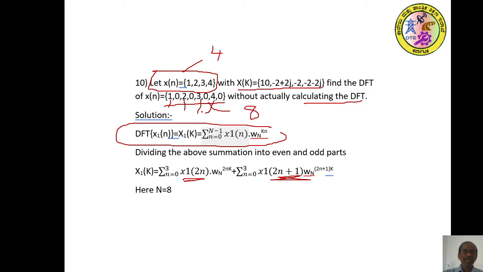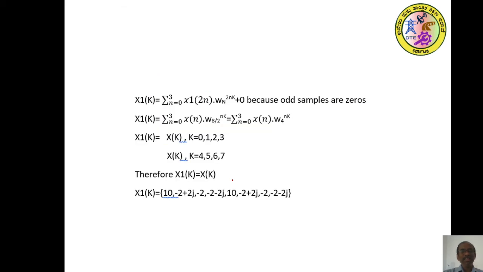So I can split this problem into two summations: one summation handling only even samples, the other handling only odd samples. Why did I take it like this? Because in the other summation I can make it zeros, and there is no need to calculate it, because odd samples are zeros. Only this term is left out.